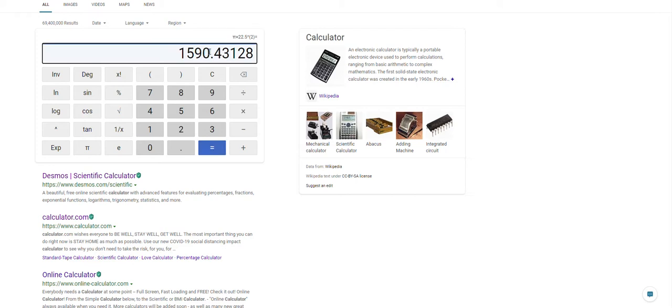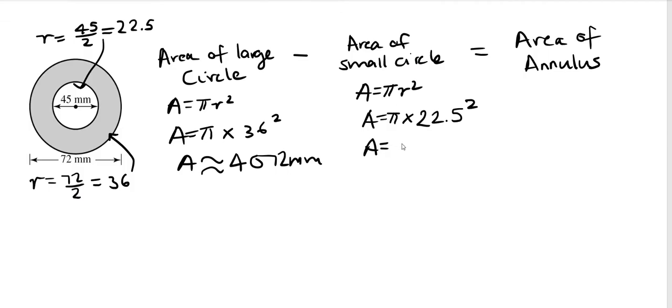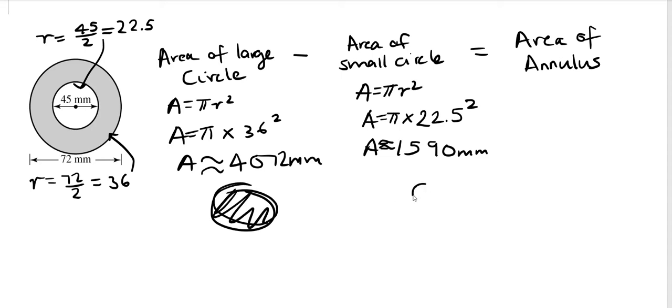Rounding it off to the nearest millimeter, there's my ones column, it's a 0. My number will look something like this. Just do a check. The number after that 0 is 4, or 0.4. Because it's 4 or less, I don't add a 1 to the 0, it just stays the same. So approximately 1,590 millimeters.